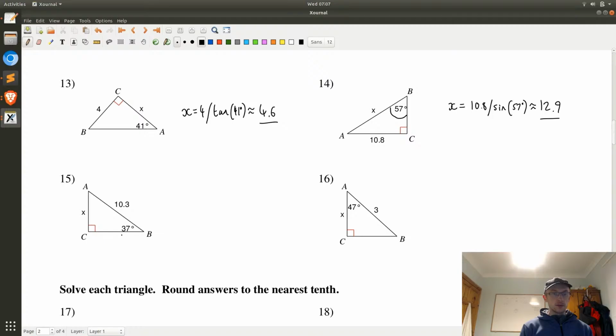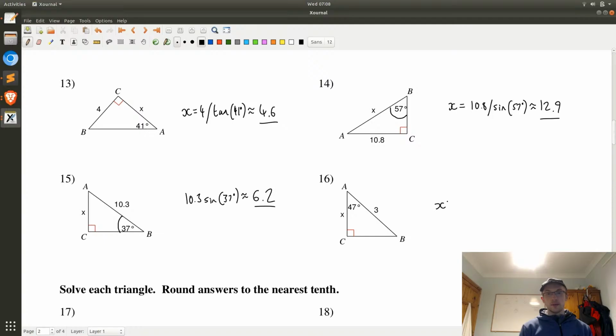Who's involved? Opposite, hypotenuse, SOH, sine of 37 equals x over 10.3. So x equals 10.3 times sine of 37. About 6.2.